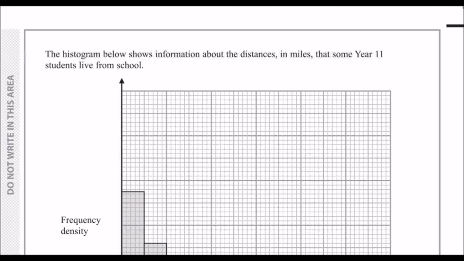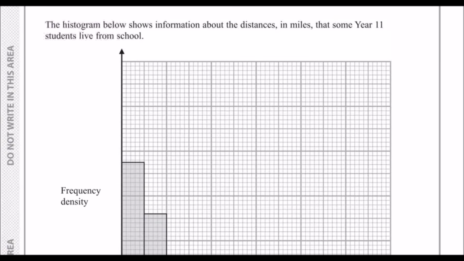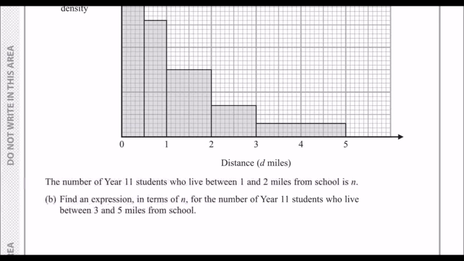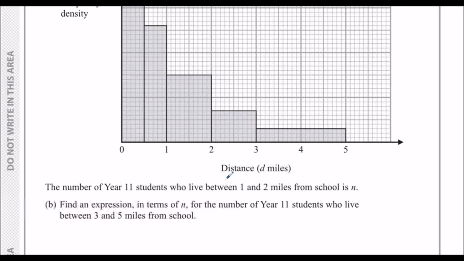The histogram below shows information about the distances in miles that some Year 11 students live from school. The number of Year 11 students who live between 1 and 2 miles is n. Find an expression in terms of n for the number of Year 11 students who live between 3 and 5 miles.